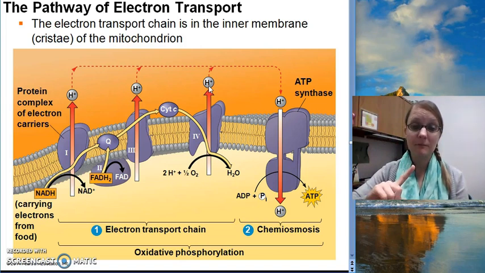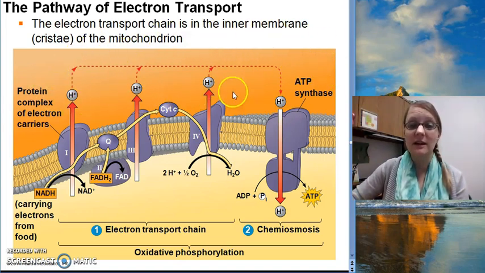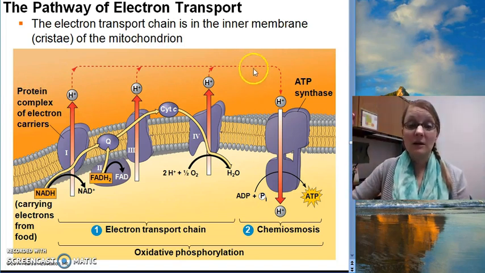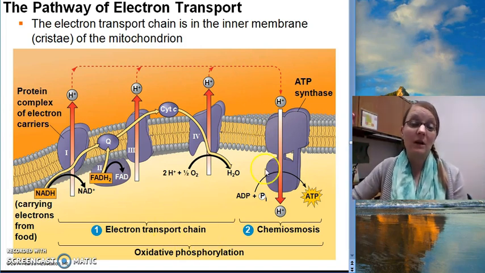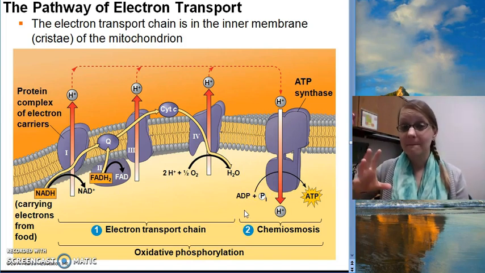Also, when we were talking about the process of chemiosmosis, we have all these hydrogen ions that are stuck here in that intermembrane space. And I mentioned the only way that they can get across, or the only place they really want to go, is back into the mitochondrial matrix where their concentration is low. That's not exactly true.